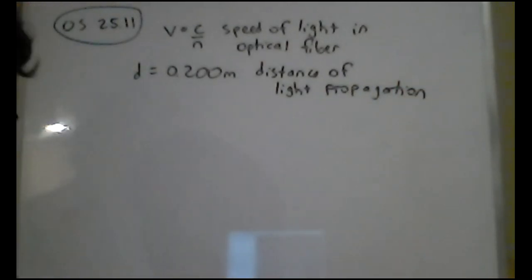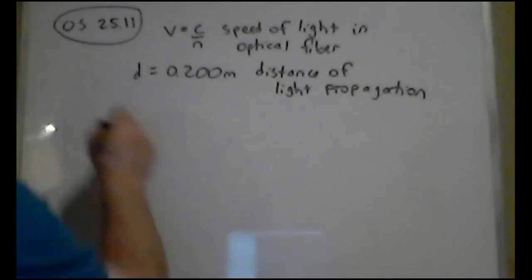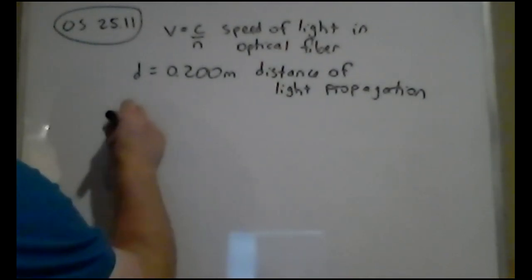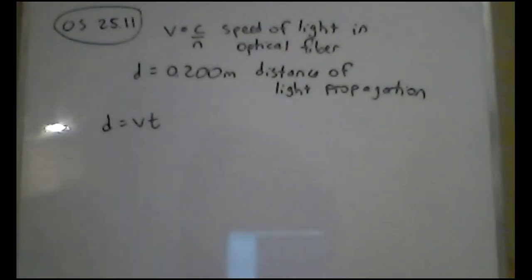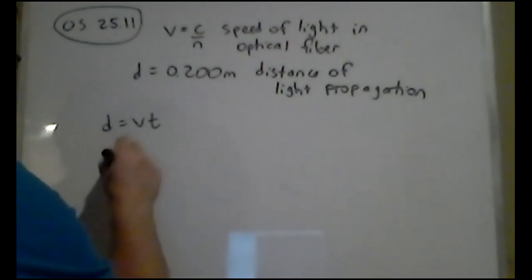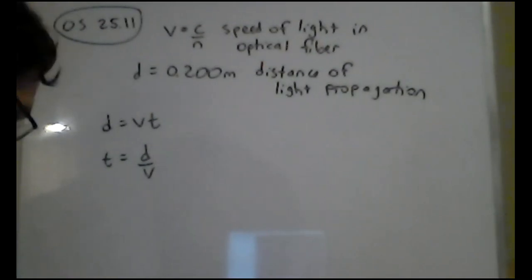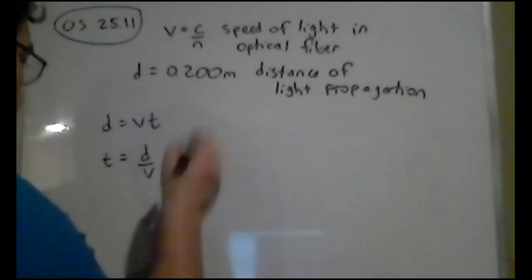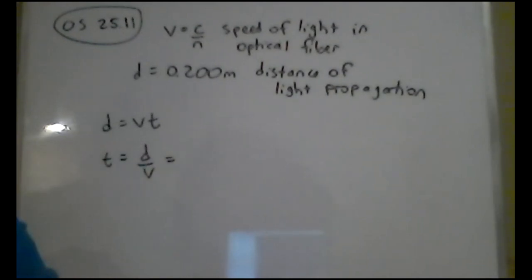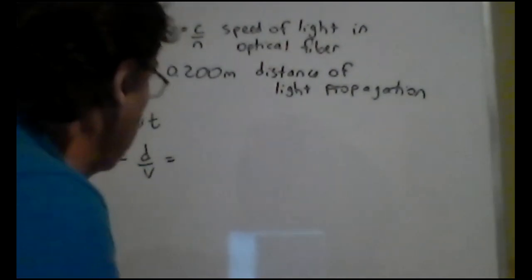So, what's the equation going to be? Well, it's going to be D equals VT. And what am I looking for? I'm looking for, again, the time. So the time is going to be D over V. Let me figure out what V is first.